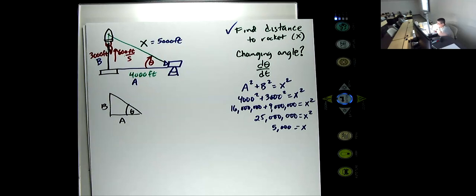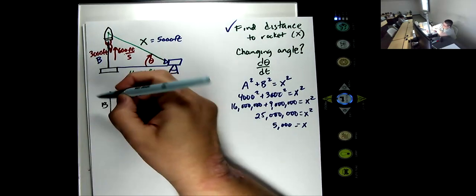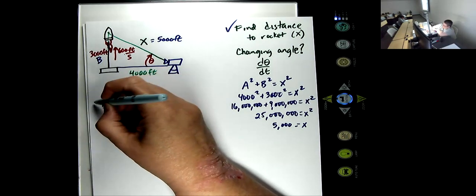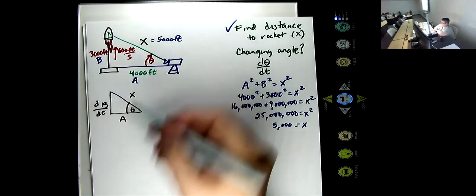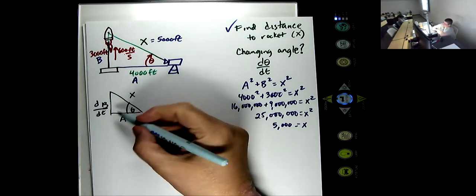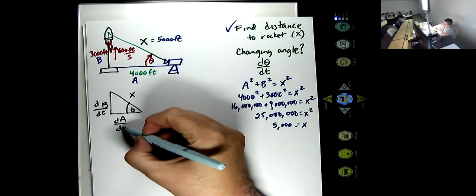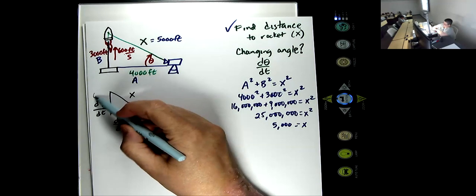Couple ways we can go about doing this. This is x. We have dB dt. We have that already. So it would be handy to have one of the other ones. We actually know dA dt as well. That's 0. And this is 600.